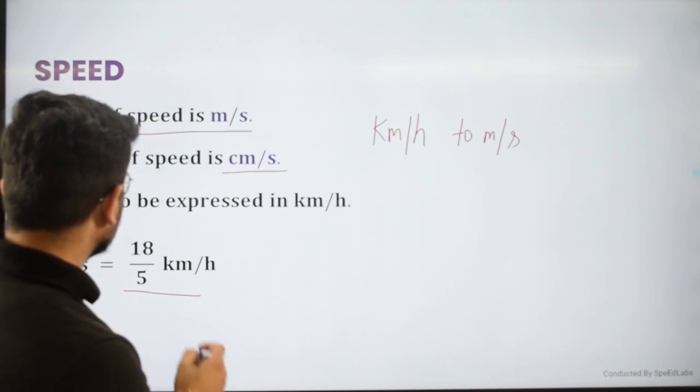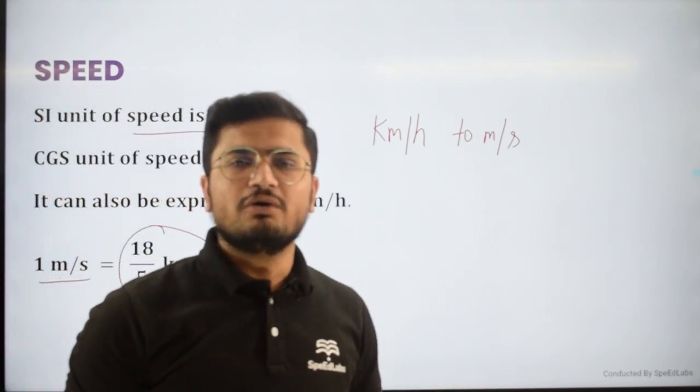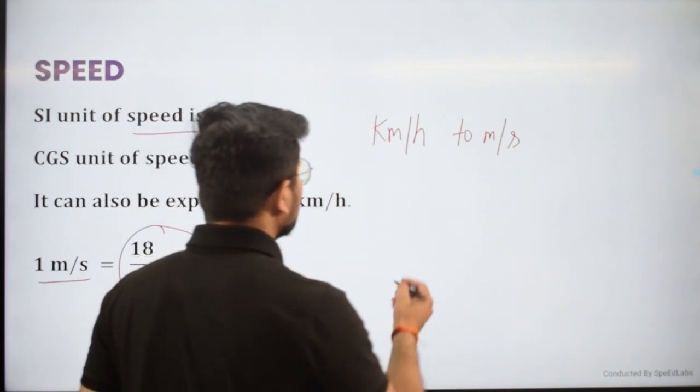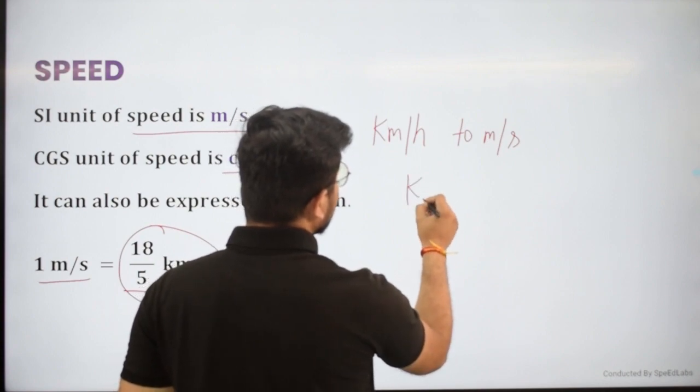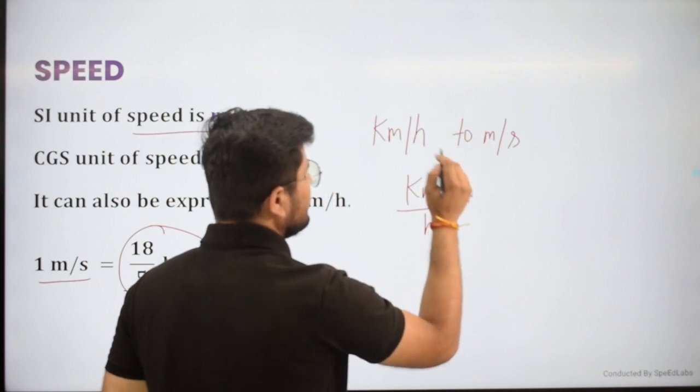So let me tell you how this formula comes: 18 by 5, or from kilometer per hour to meter per second, 5 by 18. So let's have a look. Can I write it like this? Kilometer per hour equal to meter per second.